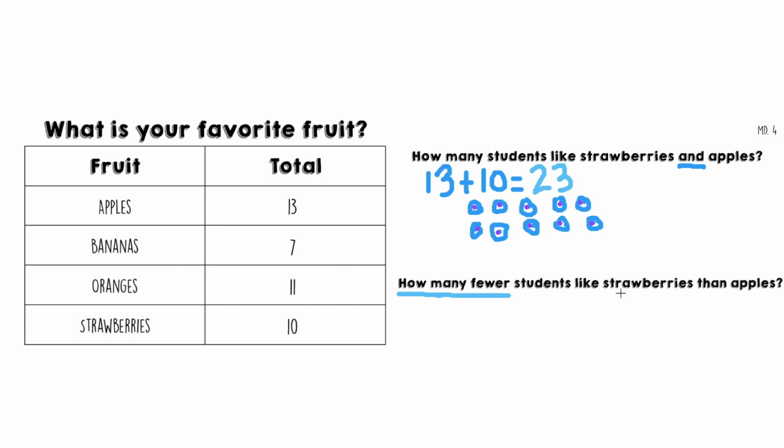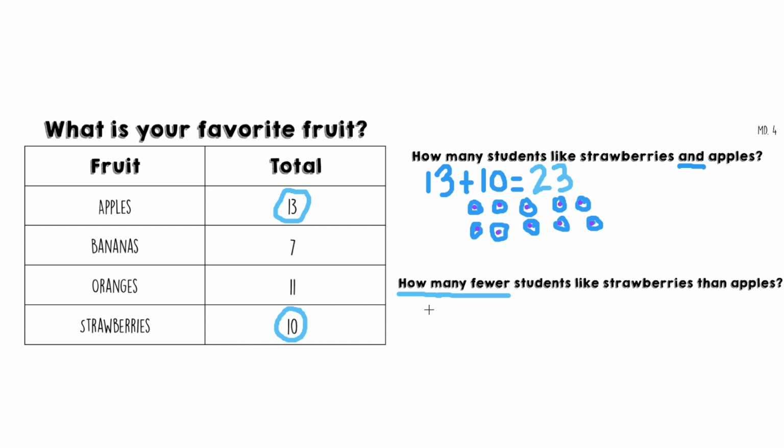We see that we're still comparing strawberries, which is 10, and we're comparing apples, which is 13. Now, since I've already given you a clue that we're going to subtract, remember when we subtract, we start with the largest number. So, should we start with 13 or 10?